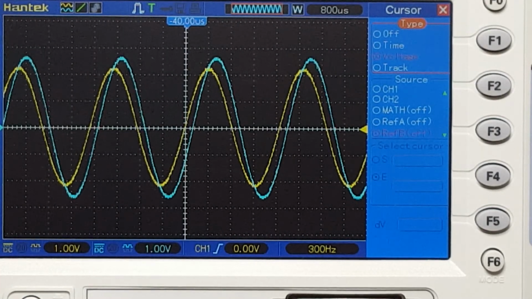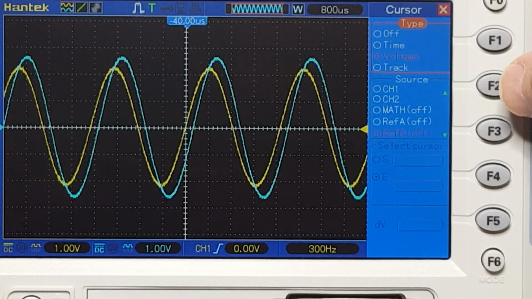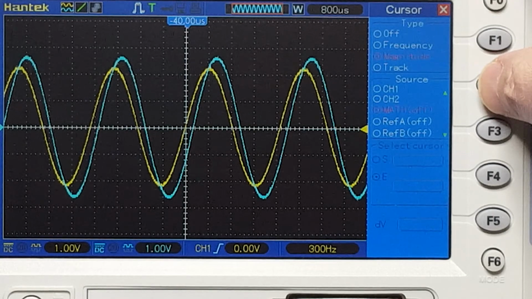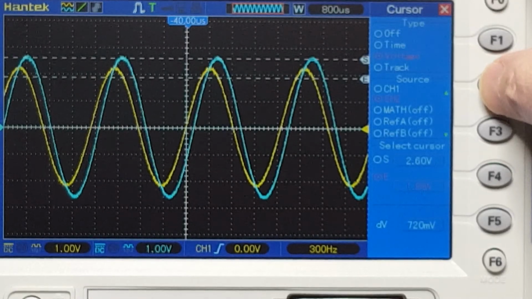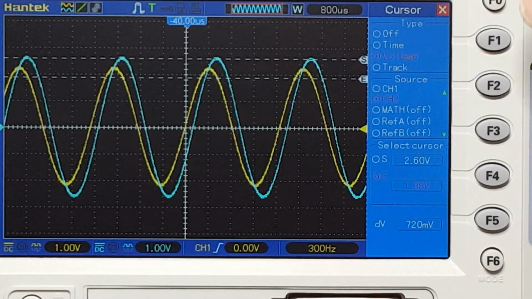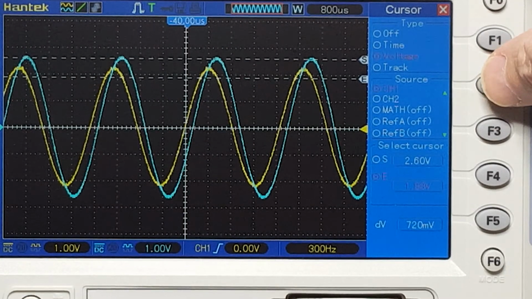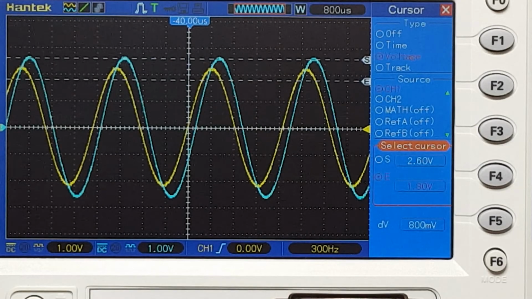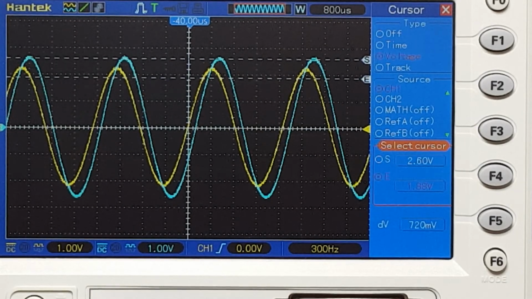That frequency will be the cutoff frequency. So we need to set the cursors to measure voltage on the channel 1, which is the output signal. The start cursor is aligned with the top of the input sine wave, and the end cursor needs to go down with a delta V of 0.707, which we can read on the bottom right of the oscilloscope screen.